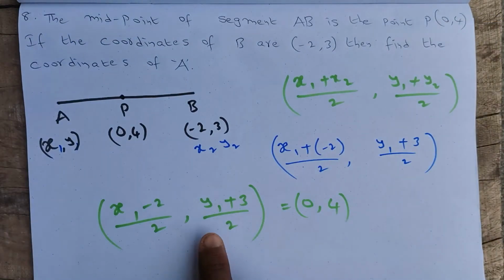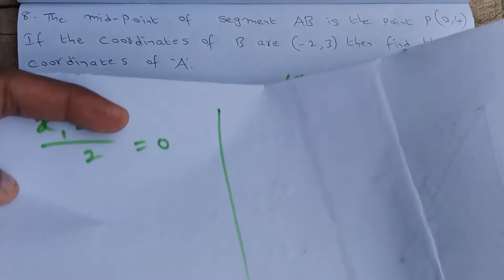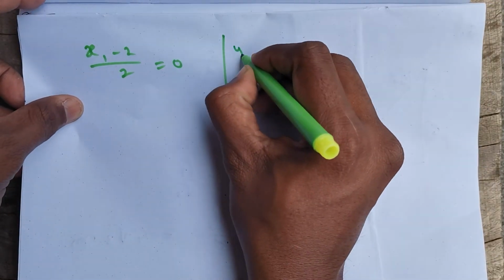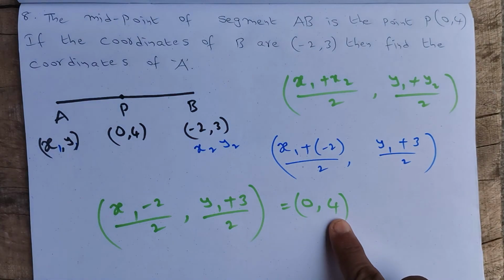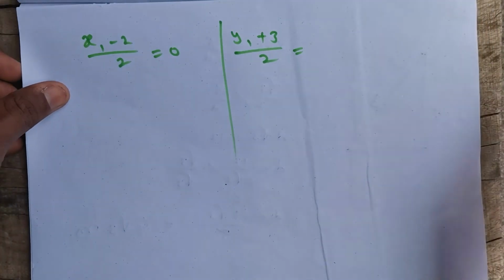Then y coordinate, (y1 plus 3) by 2 is equal to, here y coordinate, 4.